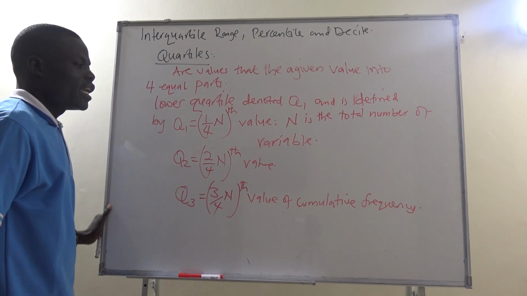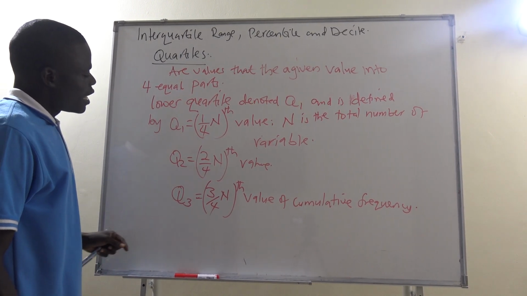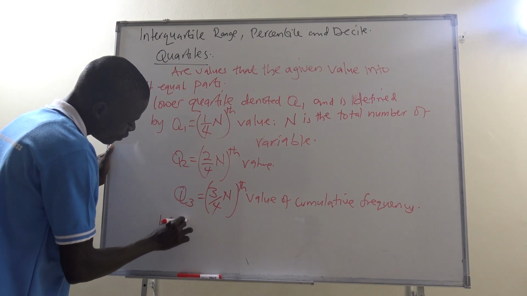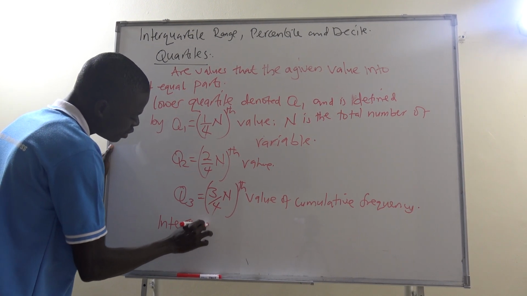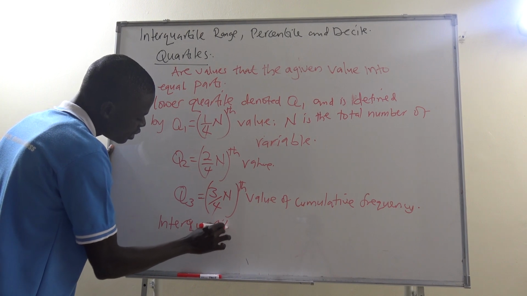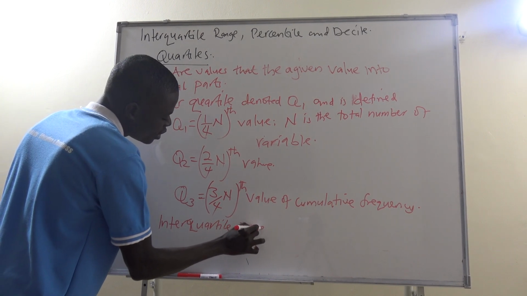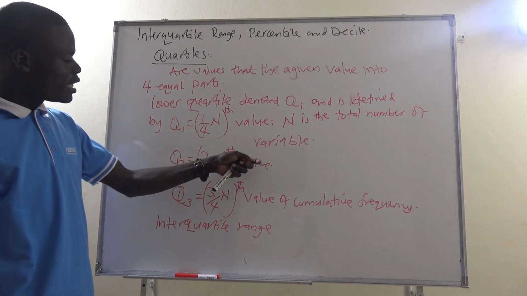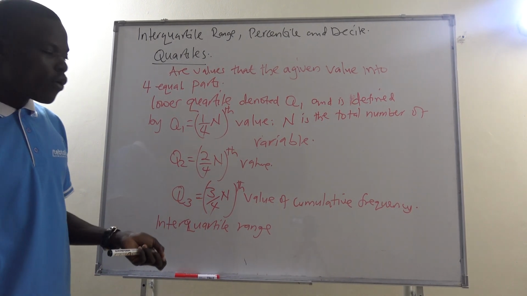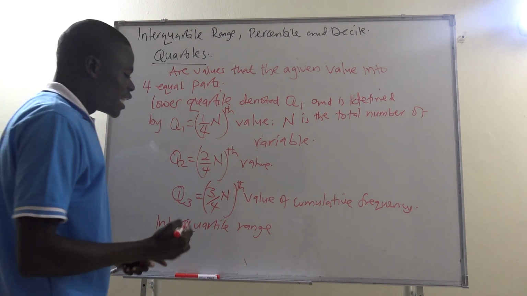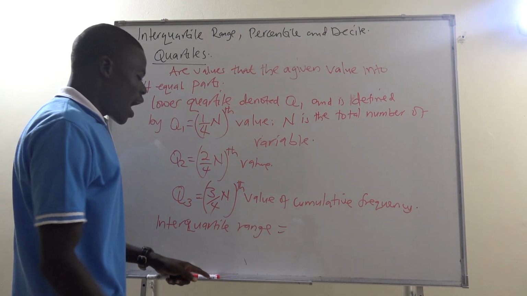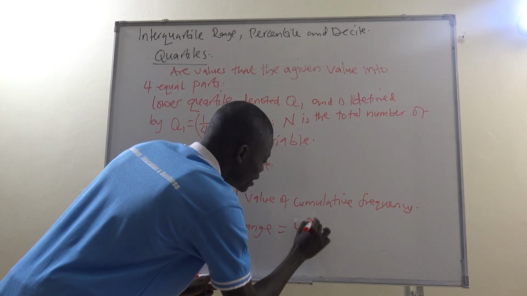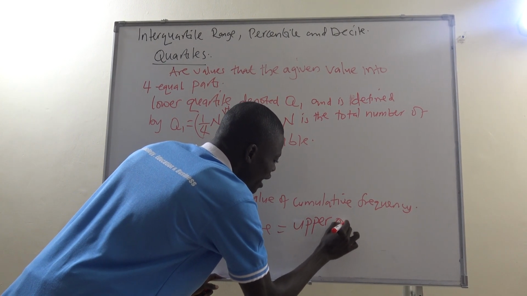Then after obtaining the three parts, we have what we call the interquartile range, which can be located in the middle, represented by Q2, but numerically we get it by subtracting the lower quartile from the upper quartile.